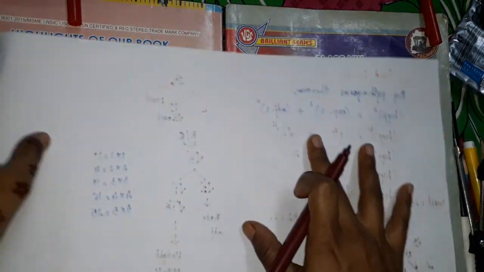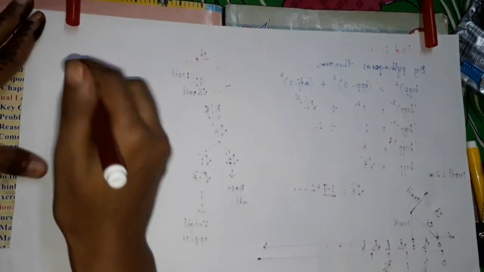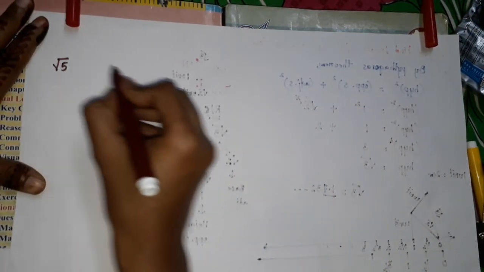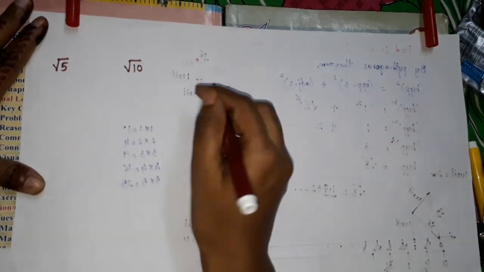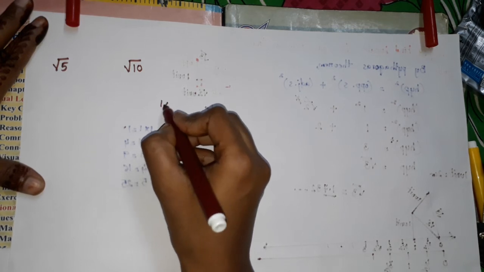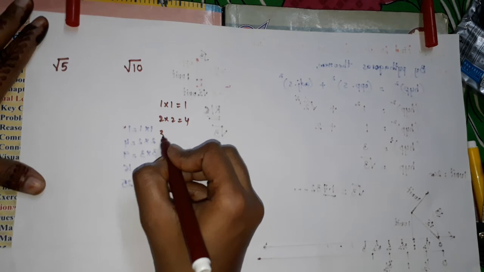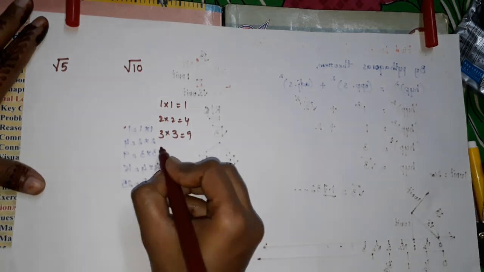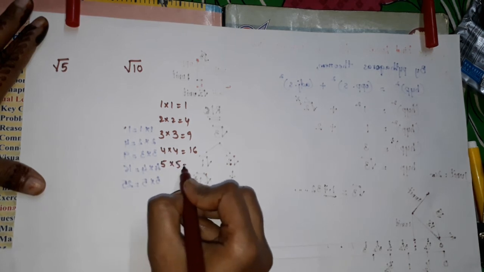for √5. Now √5, how do you have to take? √10. Now see here, first perfect square numbers, as you all know: 1 1s are 1, 2 2s are 4, 3 3s are 9, 4 4s are 16, 5 5s are 25.